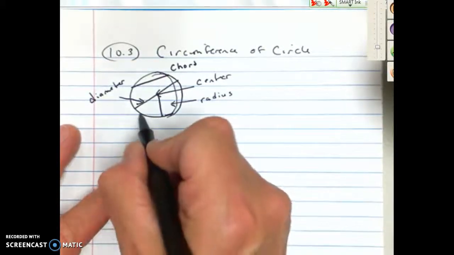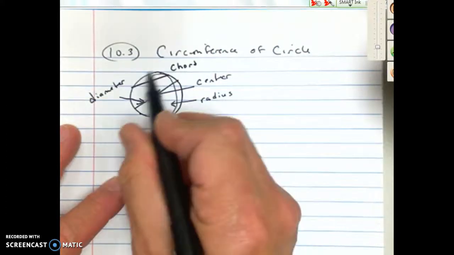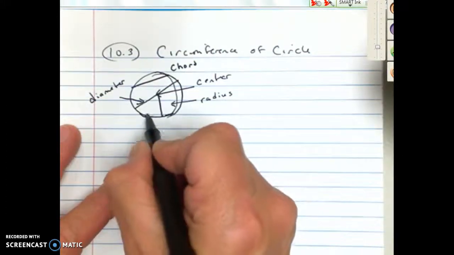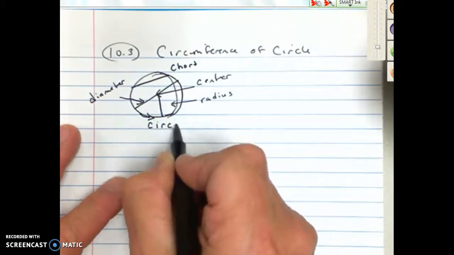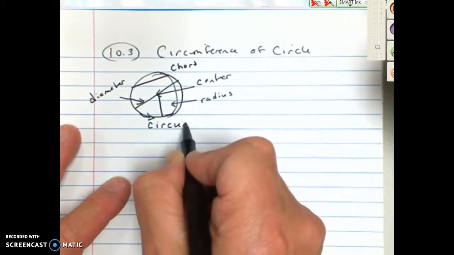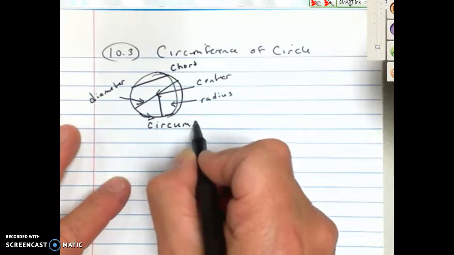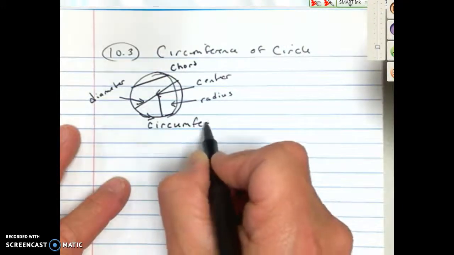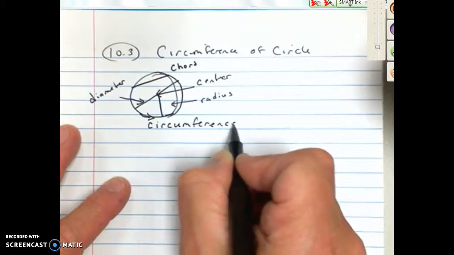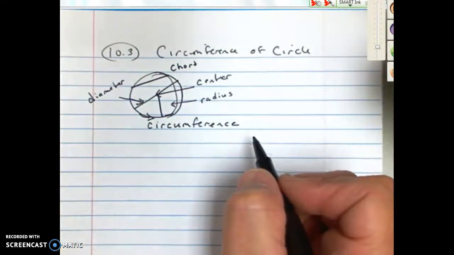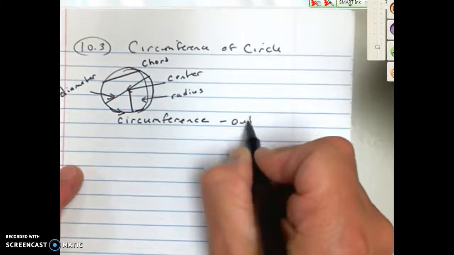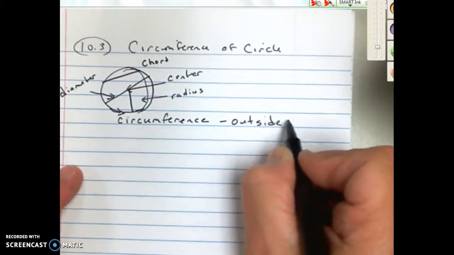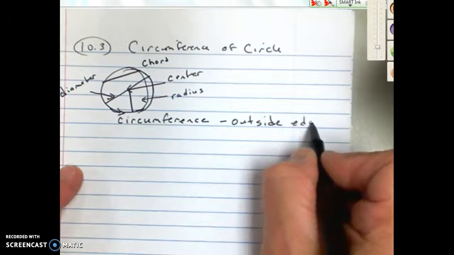Now, going all the way around the outside edges of the circle, the outside edge is called the circumference. So circumference. Today we're going to work with finding the circumference of a circle. It's all the way around the outside edges.